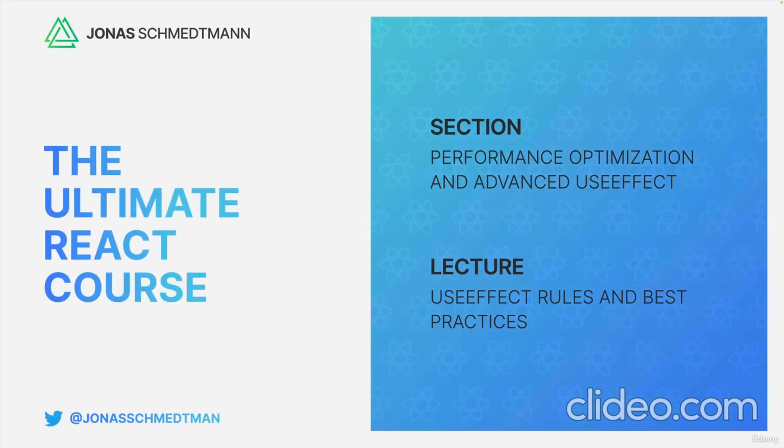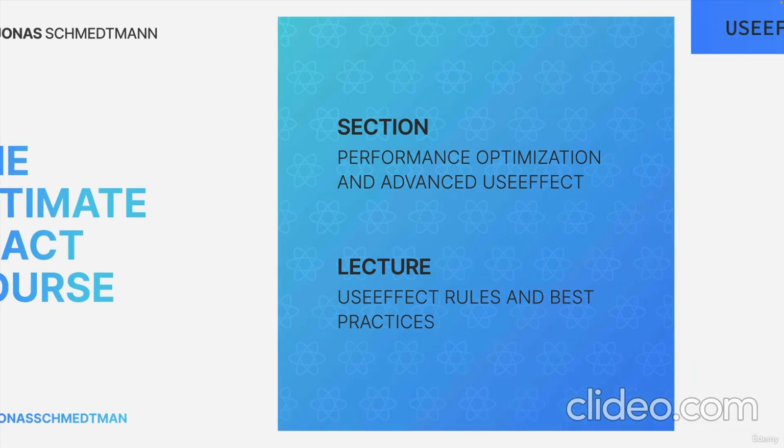So we have talked about and used the useEffect hook a lot throughout the course. Now, useEffect is probably the most confusing part of React for beginners, which is why I decided that I still need to clarify some more things in this second part of the section and in this video.